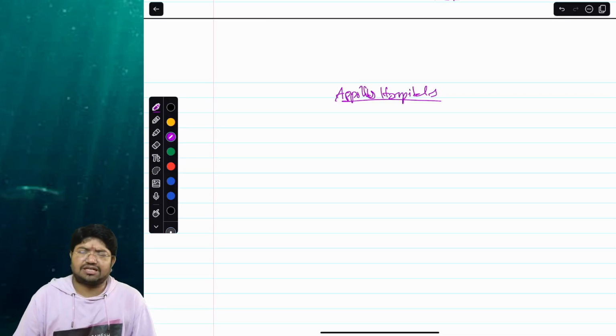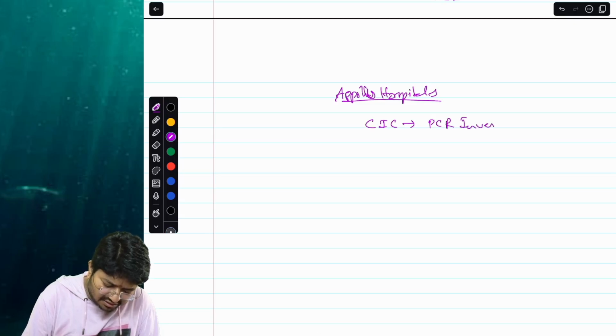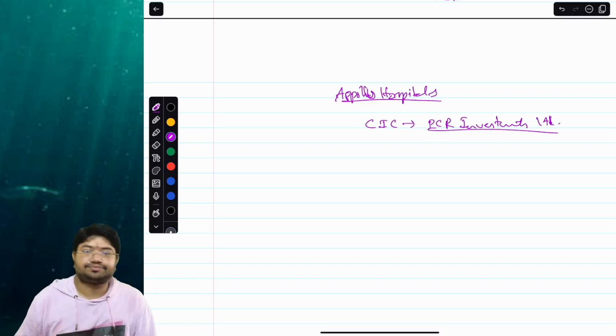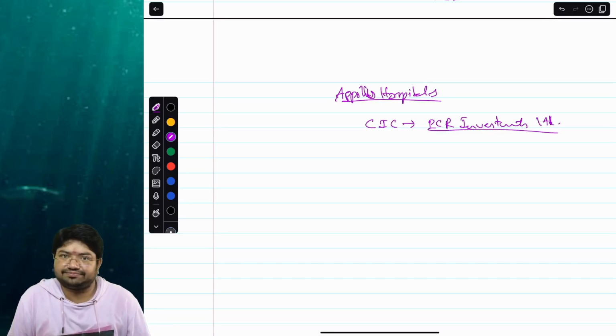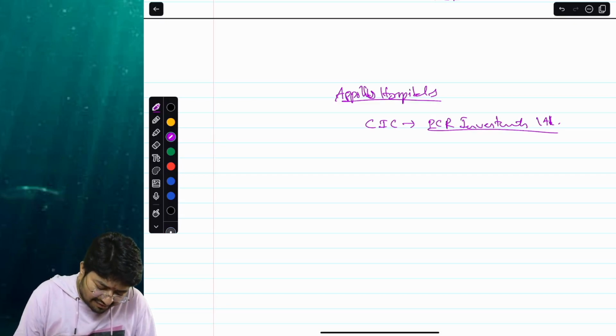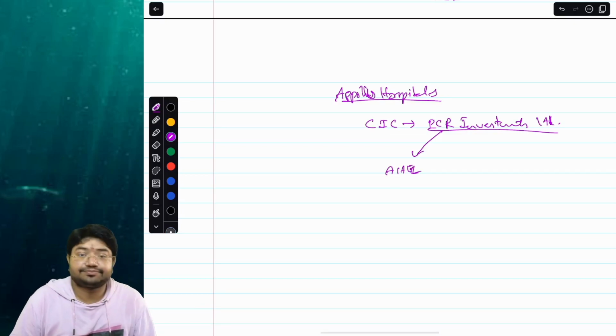These Apollo hospitals, once they have become large, what they have done is they have created a core investment company called PCR Investments Limited. This is the corporate structure they have formed. Under this PCR Investments, they have Apollo Hospitals Limited, Apollo Hospitals Enterprise Limited, AHEL.